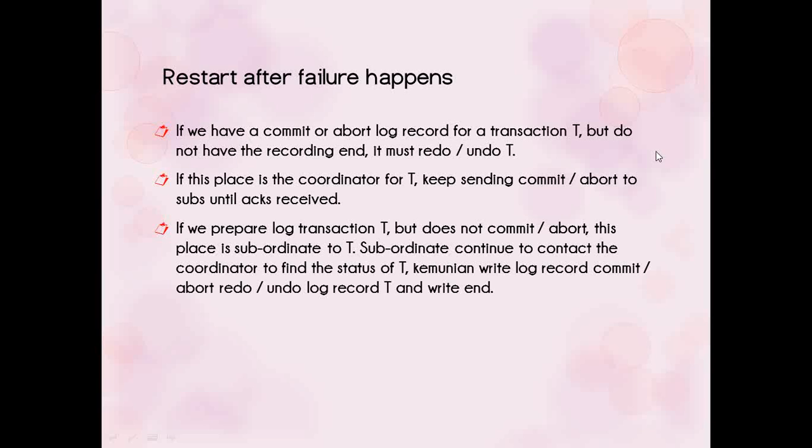If you have a prepare log record for T but no commit or abort, this site is a subordinate for T. The subordinate continues to contact the coordinator to find the status of T, then writes the commit or abort log record, redoes or undoes T, and writes end.